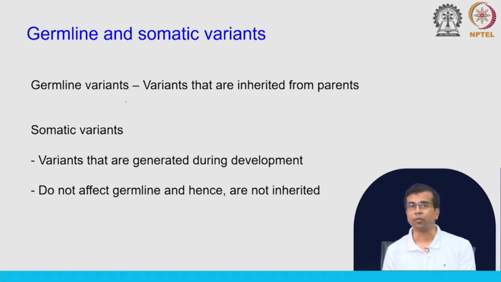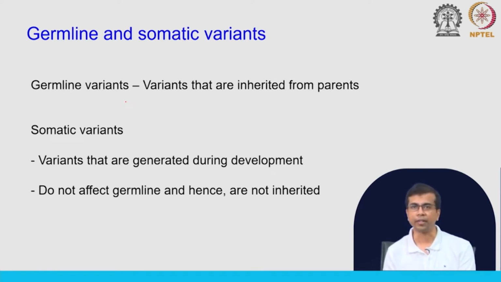These variants do not affect the germline and that is why they are not inherited. If you sequence the genome from tissue samples, some tissues might have these variants, whereas other tissues might not. It is because these tissues originated from different cells, and that is why some cells have these variants and some cells do not.